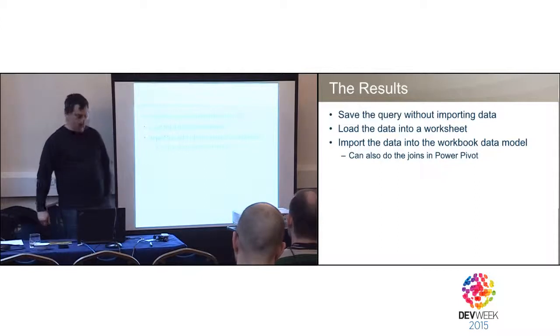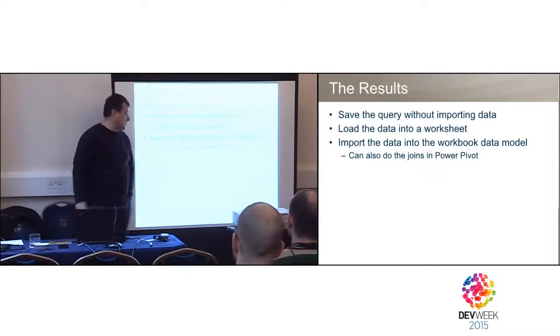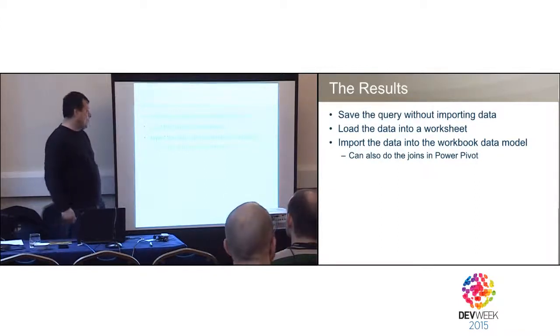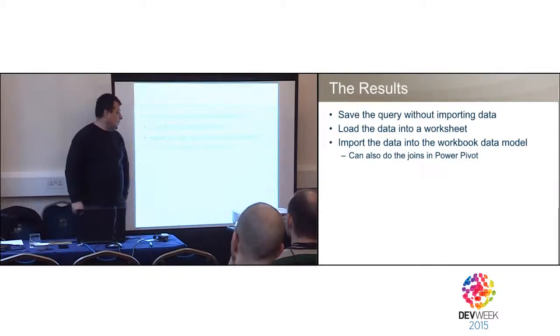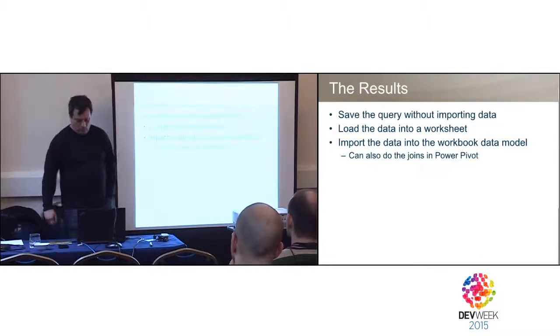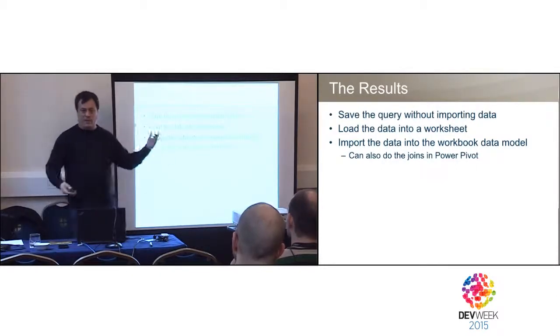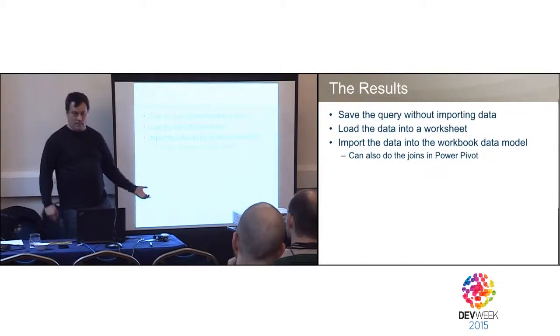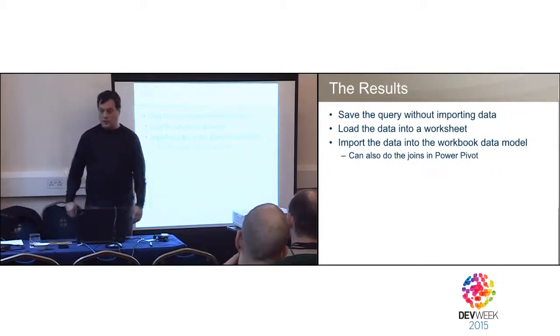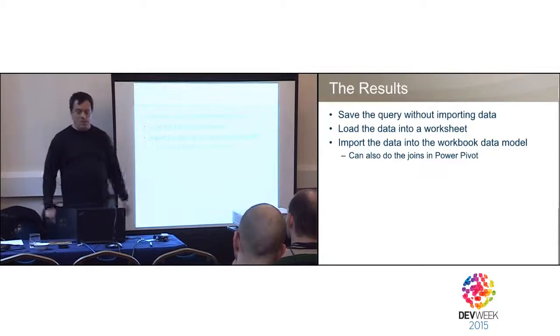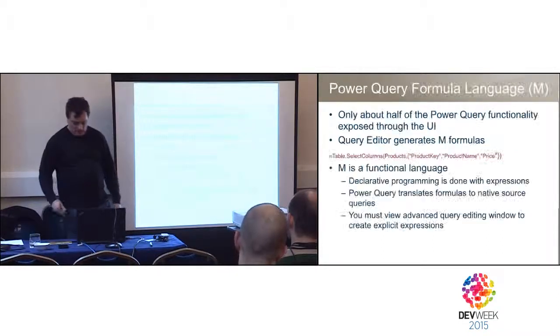You can just save the query, and in Office 365 you can also share it, or you can load the data into worksheet or into workbook data model, which is actually Power Pivot behind. So instead of merging query results, you can also perform joins in Power Pivot and do additional data manipulation through DAX expressions and so on.